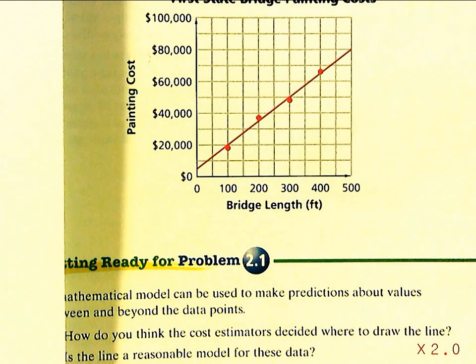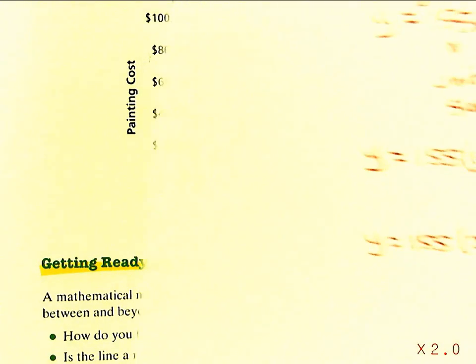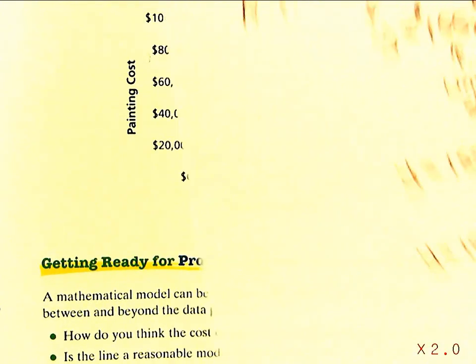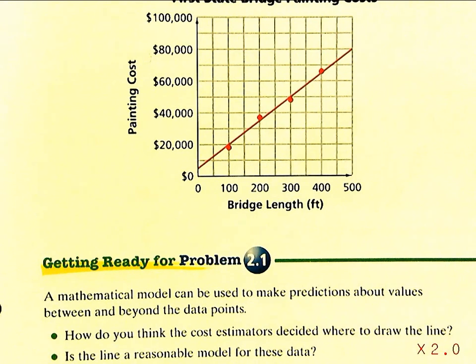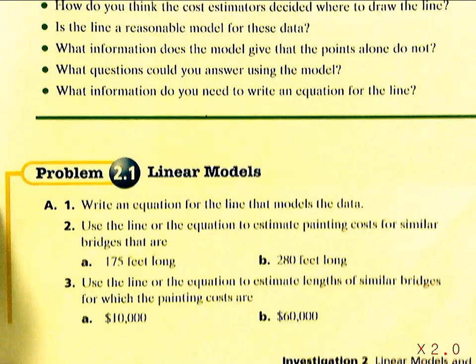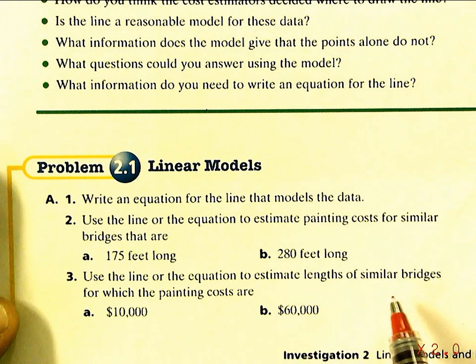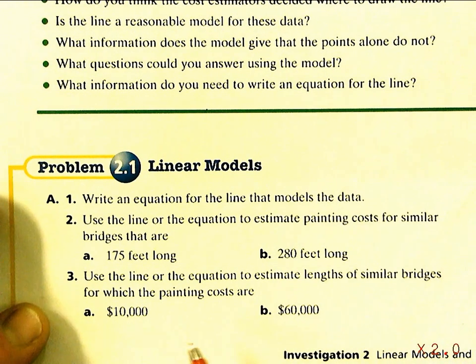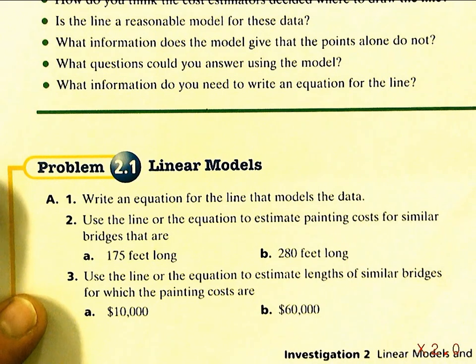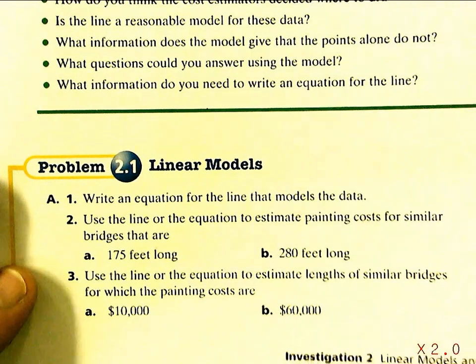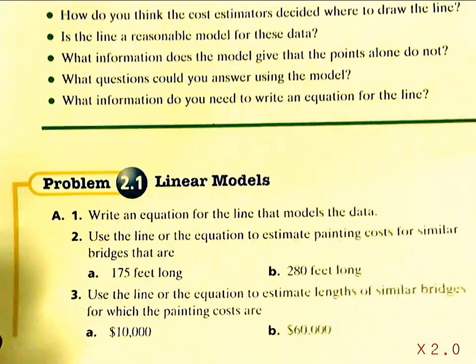Now there's a couple more questions. Question 3A we can answer again using the equation, because it says to use the line or the equation to estimate the length of similar bridges in which the painting costs are $10,000. This might be a spot where the graph is really simple to use. So let's go up to the graph.